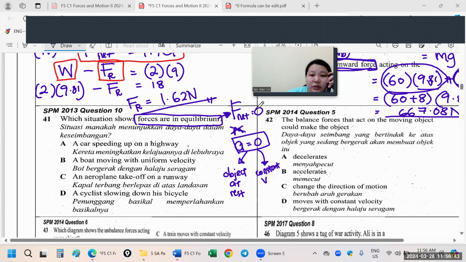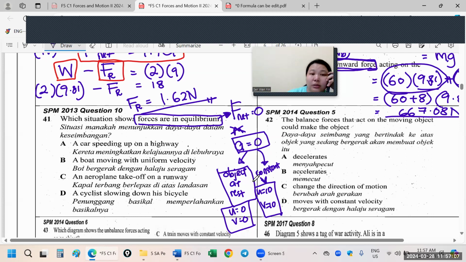They want net force 0, acceleration 0. Object at rest means u equals 0, v equals 0. Constant velocity means, let's say u equals 10, v also equals 10. Velocity never changes.